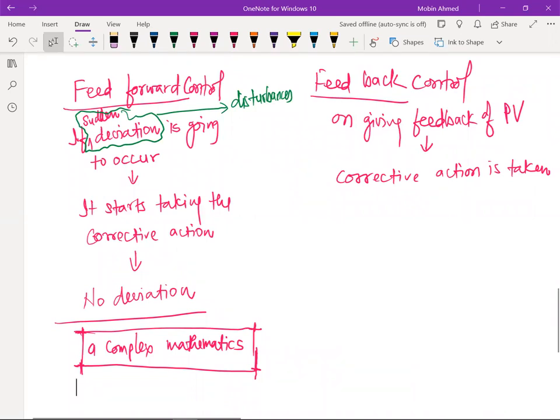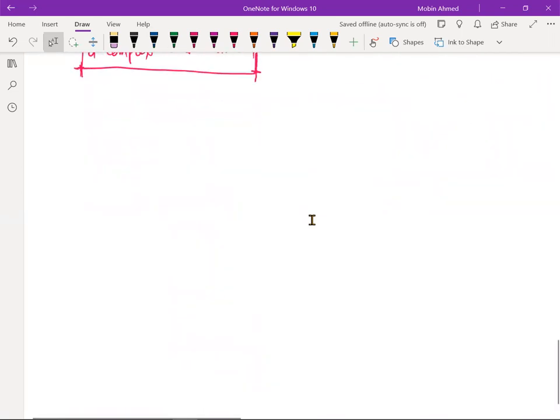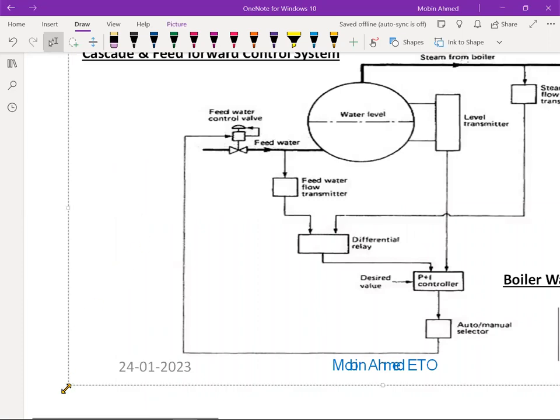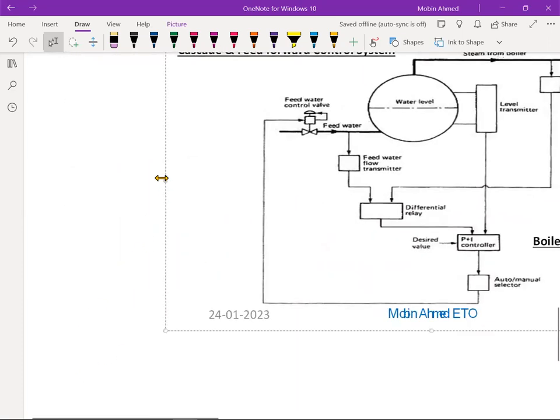Now, here what we have learned is going to be something like this. Okay. So in the boiler, there is one diagram that is very famous, but I can say that hardly people understand this diagram.